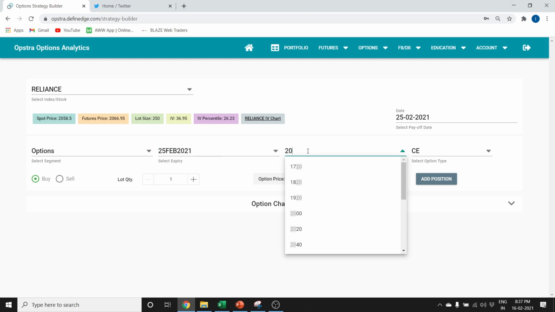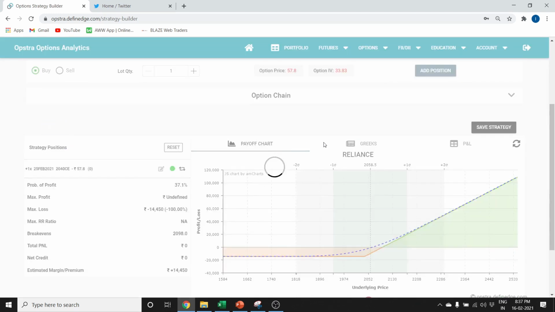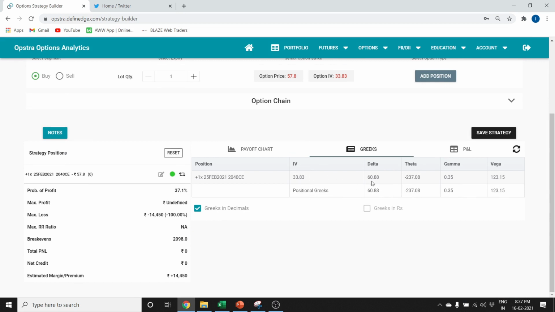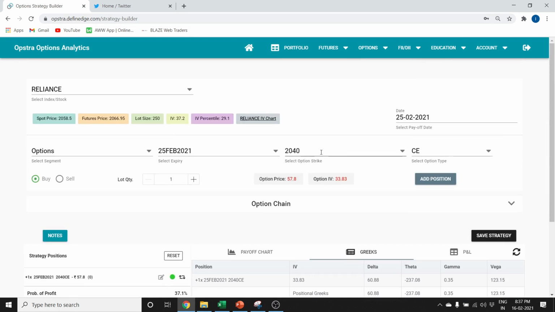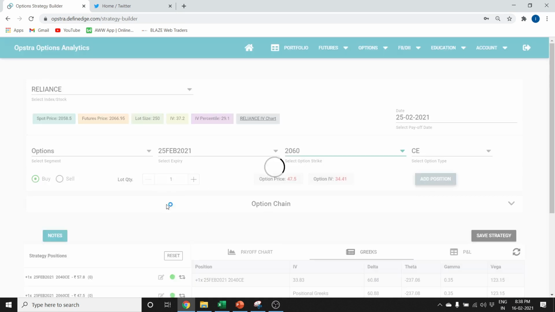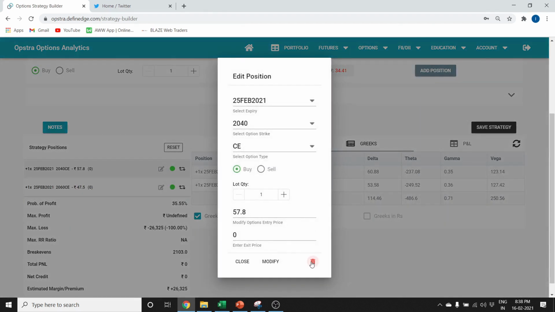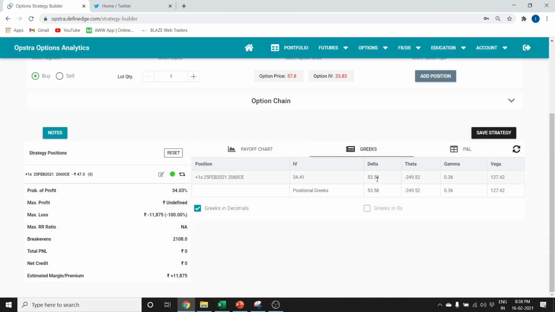We buy the 2040 call, buy, add. We can see the payoff graph of the call buy, and delta is 60. So we'll go to the 2060 call. We want 0.5 delta. I'll add this and remove the previous one. Now we can see delta is 0.5.